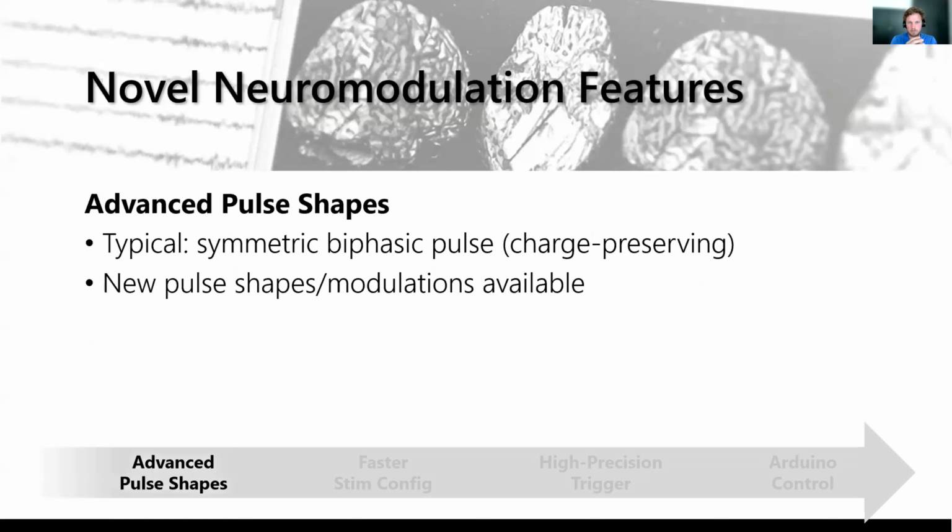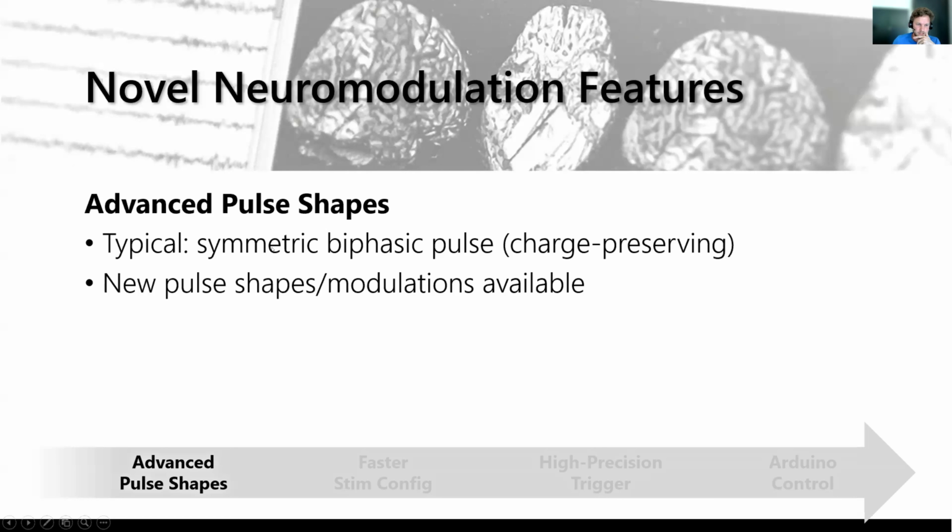The GSTIM Pro already is able to deliver stimulation pulses with many configuration parameters like amplitude, width, pulse rate, train length, and so on. But people have been asking to deliver more alternative pulse shapes which are not perfectly symmetric.